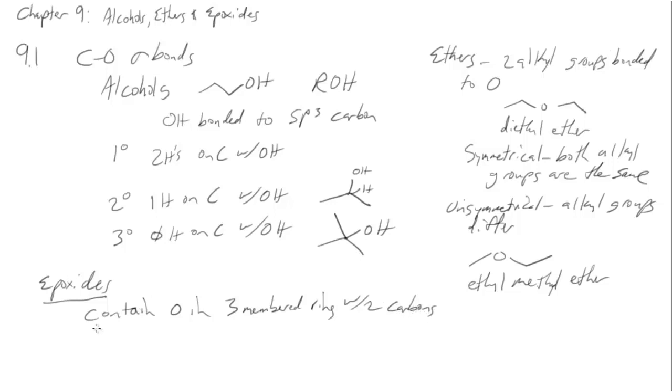So in a way, it's sort of a special class of ether, because ethers have carbons on both sides, and so does an epoxide. An epoxide looks like this, and you can keep going and have other carbons going like that. So it's a three-membered ring with carbons on either end. The reason that it gets its own group is that it has different reactivity than a normal ether does. So that's why it's considered its own functional group.